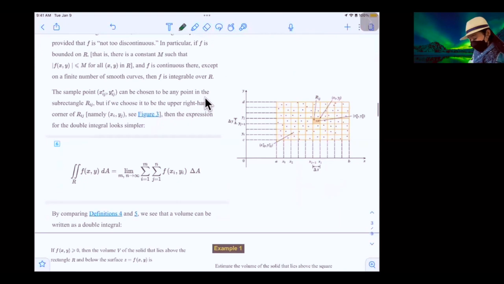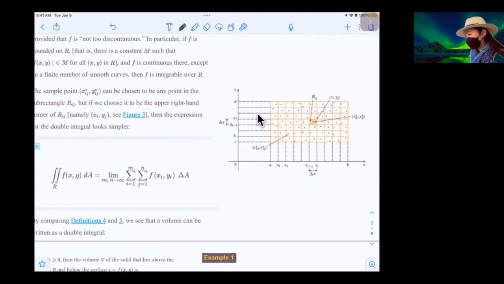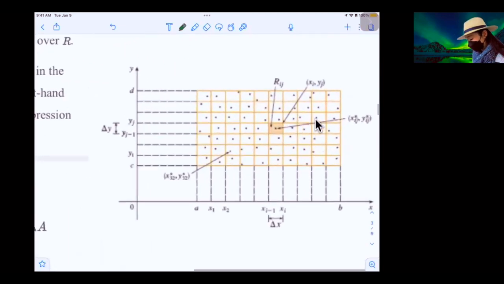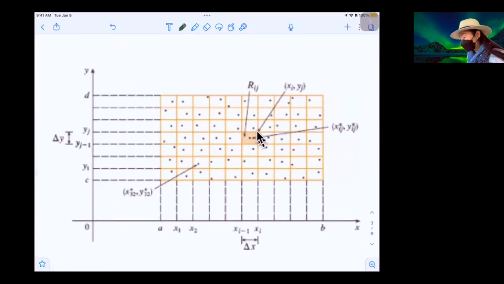Now we can make things a little bit simpler. Instead of picking a random point in each subinterval, we can pick the upper right corner in each subinterval. The upper right corner has x coordinate xi and y coordinate yj, so this point is xi, yj.